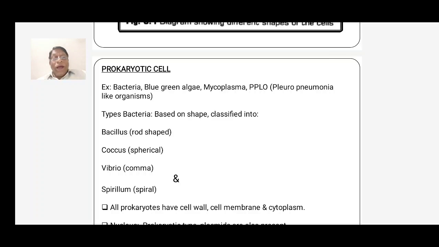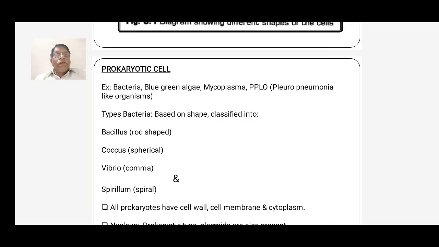The prokaryotic cells are represented by bacteria, blue-green algae, mycoplasma, and PPLO.